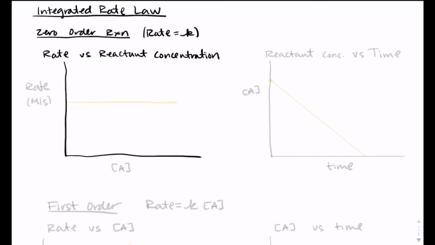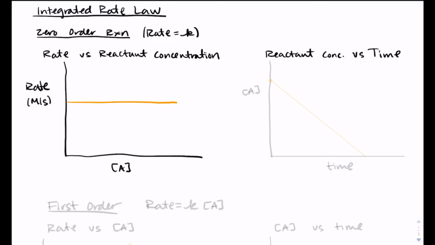For a zero order reaction, remember for our rate law, the rate was equal to the rate constant. So if we're looking at a plot of rate versus reactant concentration, the rate in molarity per second stays the same regardless of the concentration. So we just have this horizontal line.